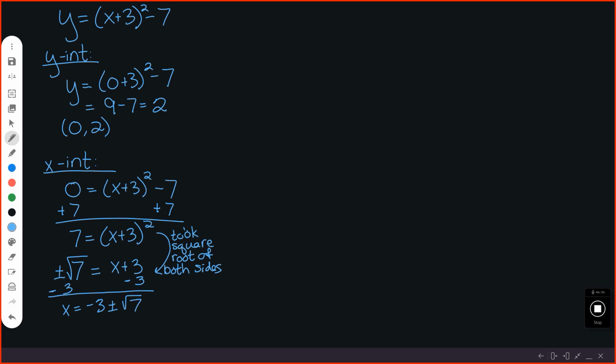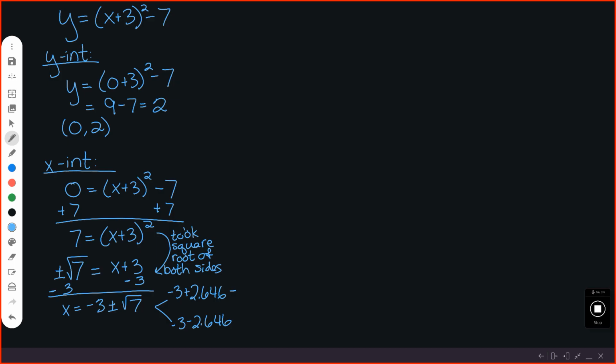The square root of 7 is about 2.646. So I'm going to do -3 plus 2.646 and -3 minus 2.646, just like I did with my quadratic formula.